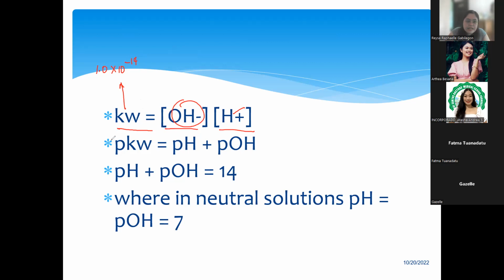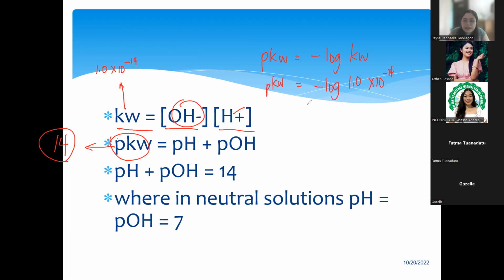The answer here, class, is 14. Okay? 14 yan siya. Paano ko yan kinuha? pKw is negative log of the Kw. So again, this is negative log of 1.0 times 10 raised to the power of negative 14.